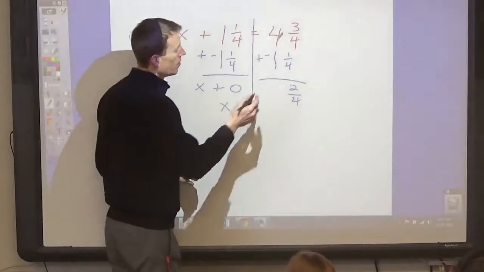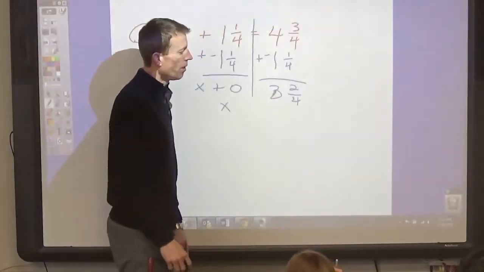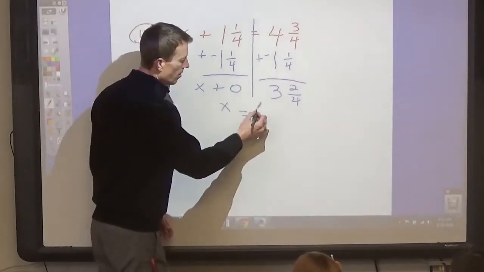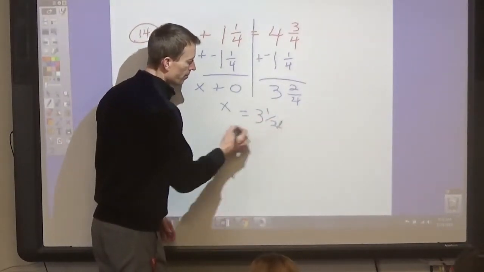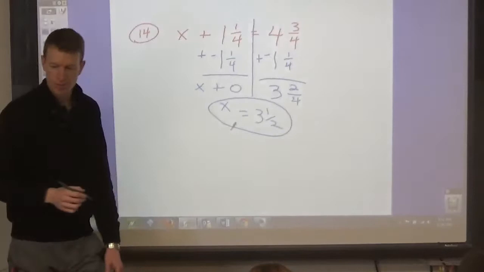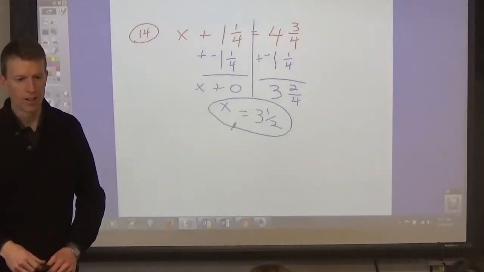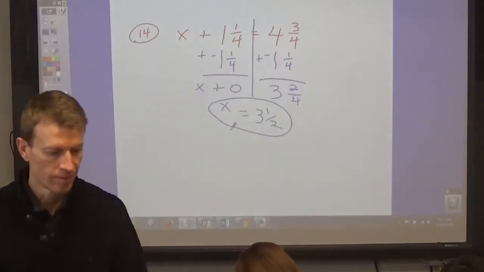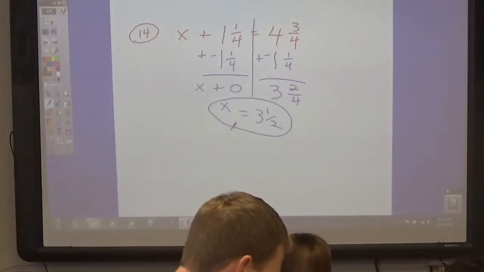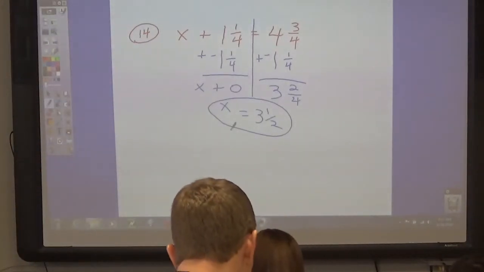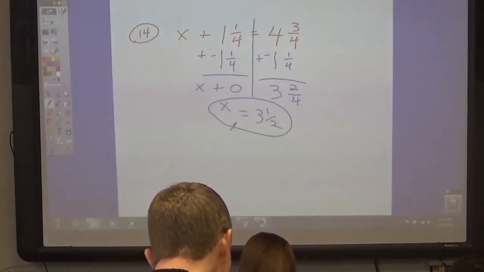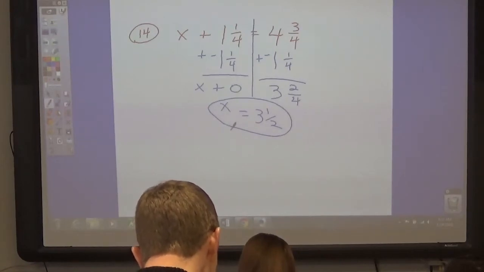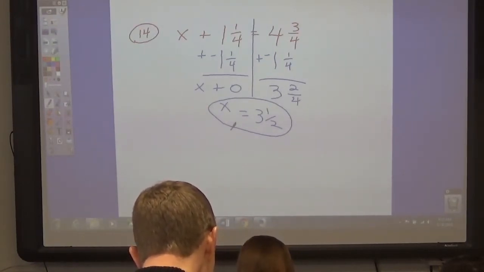Alright. So this is 3 2/4, which we have to simplify to 3 1/2. Any questions on that one? Alright. Your assignment then is the evens, starting with number 2, and do 2 through 22 evens.